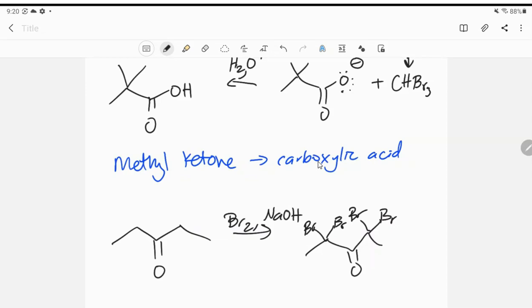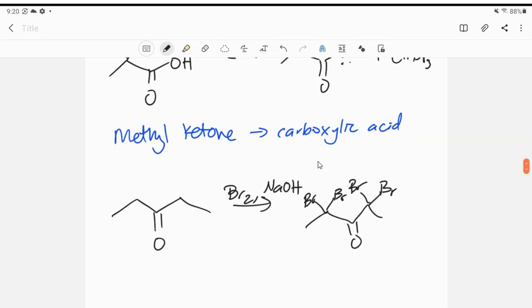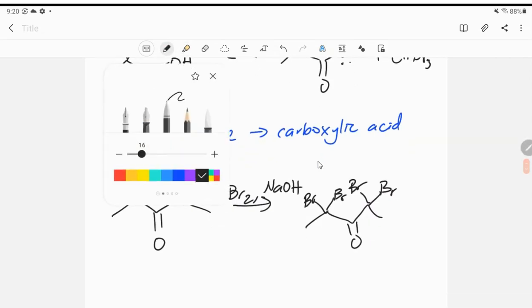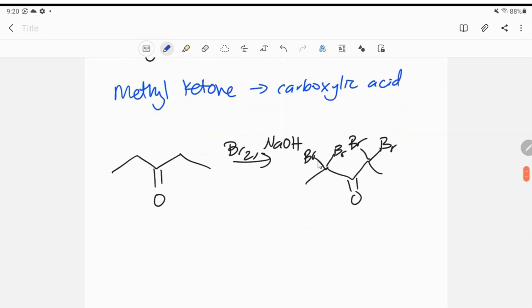So you'd end up just brominating everything. And that's not good enough to be a leaving group, just having 2 bromines on there, so you don't end up forming any carboxylic acid like you do with the methyl ketones. So non-methyl ketones or aldehydes will end up as just polybrominated species.